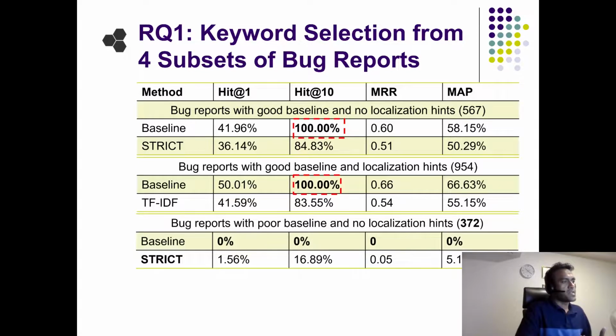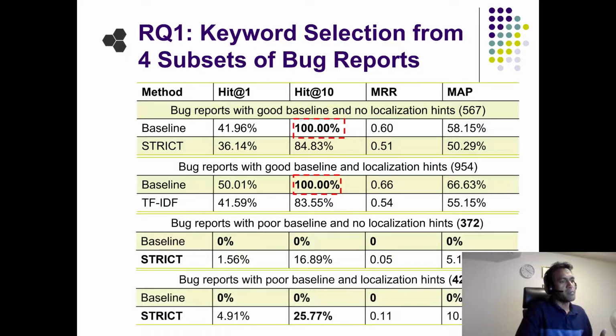But there are some bug reports in particular, about 1/3 of our bug reports, for which the baseline queries are performing pretty poorly. For example, as you can see, for about 34% of our bug reports, we found that the baseline queries were not able to return any relevant result within the top 10 positions, right?